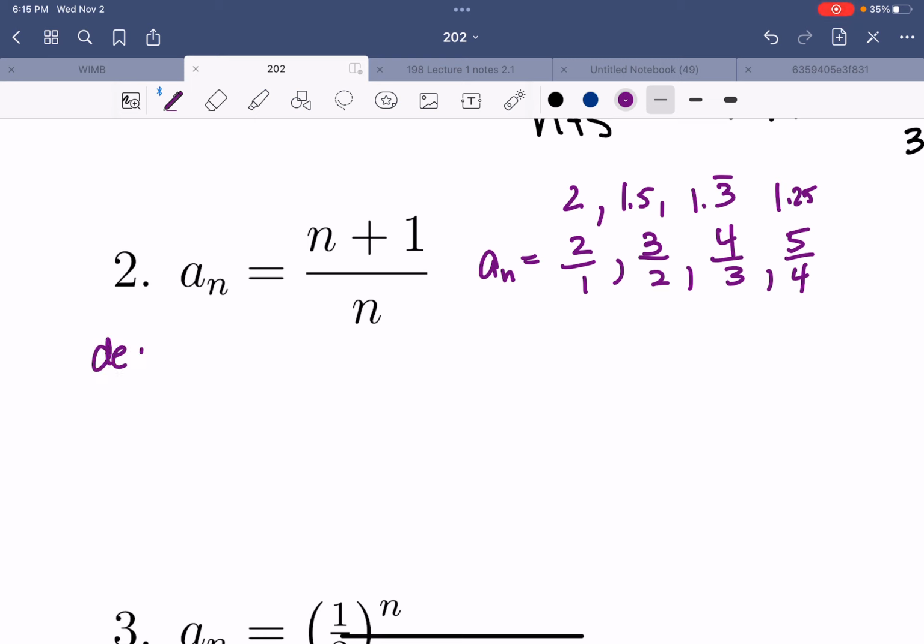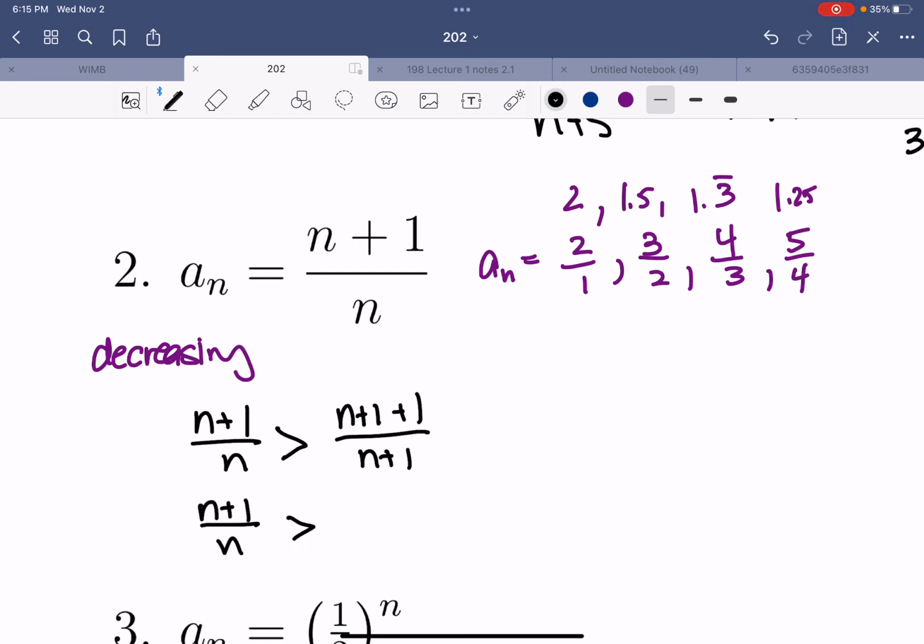So we want to show that it's decreasing. You want to compare your an, which is n plus 1 over n, and we're going to try to say that it is bigger than n plus 2 over n plus 1. Okay, well, this is n plus 1 over n possibly greater than n plus 2 over n plus 1. And so if we multiply here again by n times n plus 1, none of this changes our inequality sign because all of that's positive.